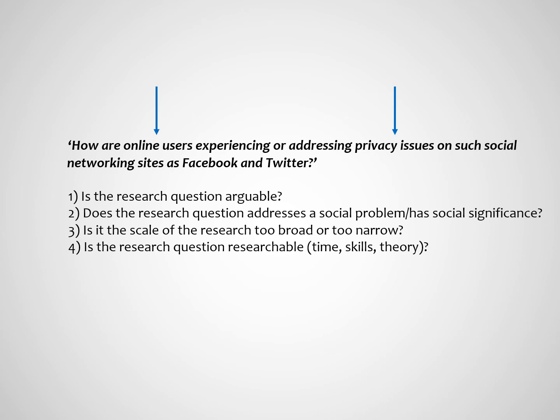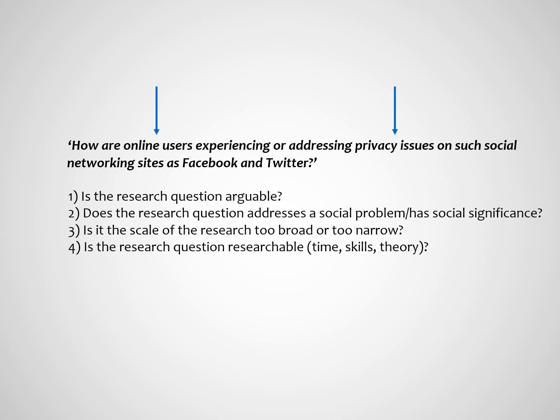First of all, we will ask ourselves, is the research question arguable? That is, is this something that can be discussed in the context of actual social issues and concepts and social phenomena that we are living through?